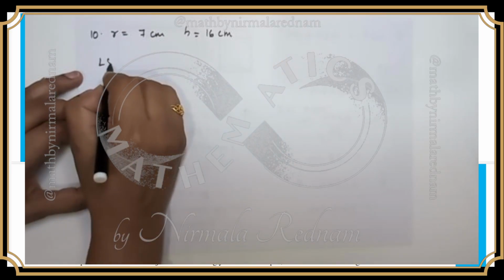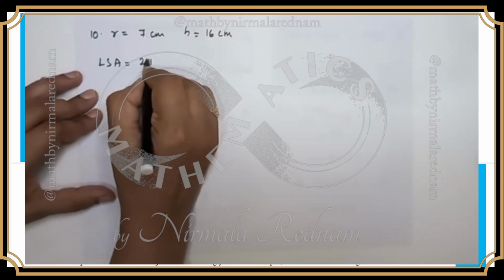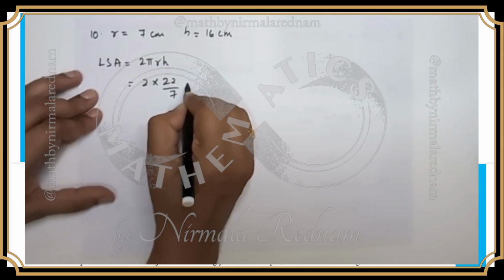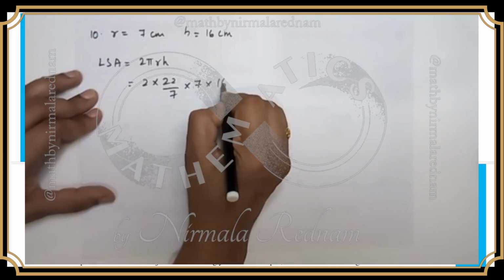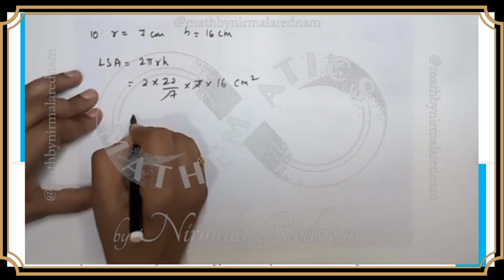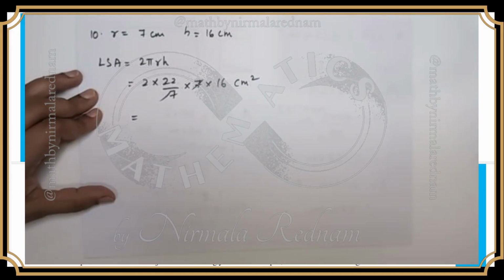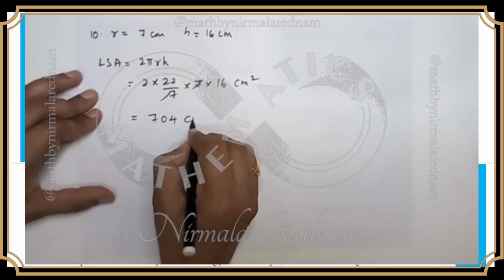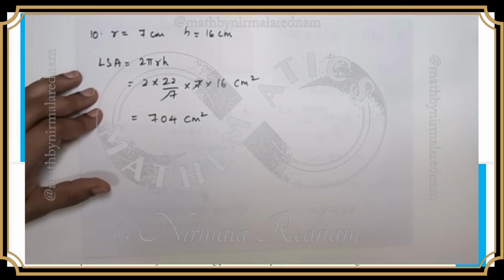So the lateral surface area is 2 pi RH, which is 2 into 22 by 7 into 7 into 16. So you have 16 into 44, which will give you 704 square centimeters. So that is the required answer.